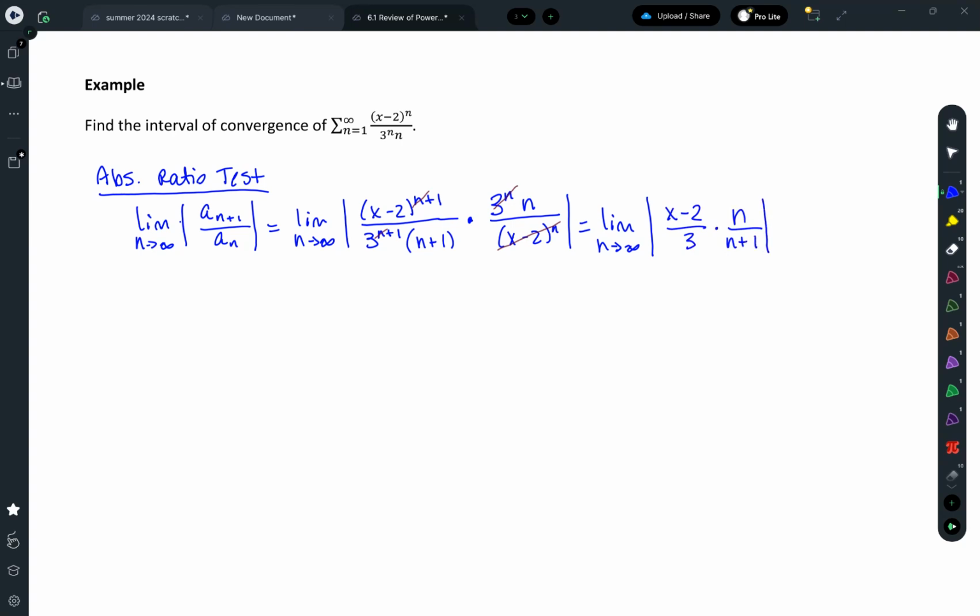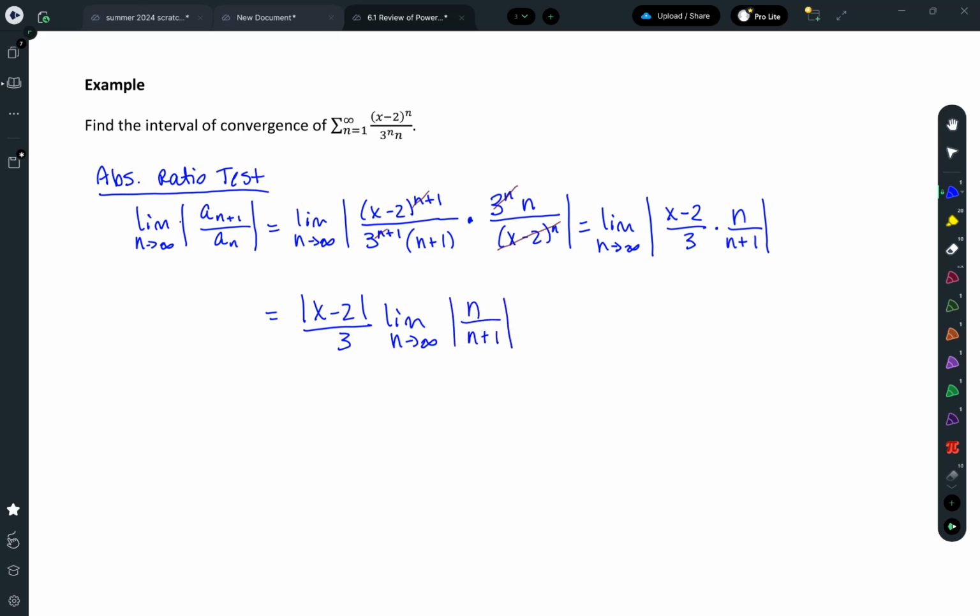Okay, the x minus 2 over 3, I can pull that out in front so long as I keep absolute value bars over it, because that x could be negative. So this is equal to the absolute value of x minus 2. The 3 is positive no matter what, so I'll keep that out of the absolute values. And then times the limit as n goes to infinity of n over n plus 1.